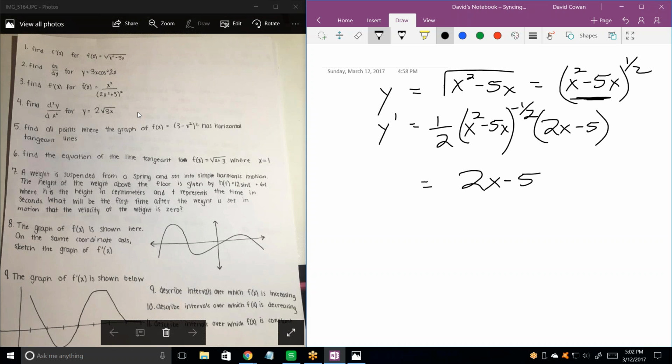What's in the denominator? 2 times x squared minus 5x to the positive 1/2, which is radical x squared minus 5x.